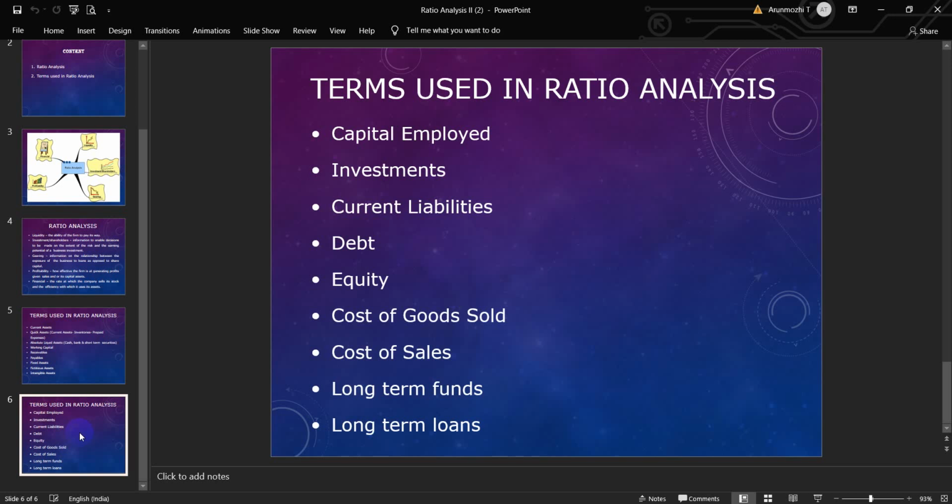Current liabilities are amounts due to be paid to creditors within 12 months. Meaning of debt: it is the sum of money owed or due. Meaning of equity: it represents the amount of money that would be returned to a company's shareholders if all the assets were liquidated and all of the company's debt was paid off in case of liquidation.